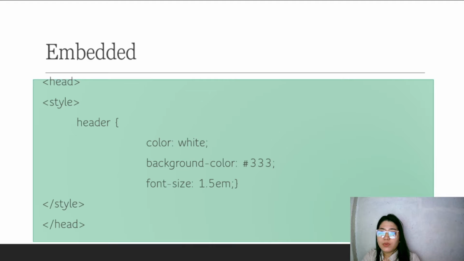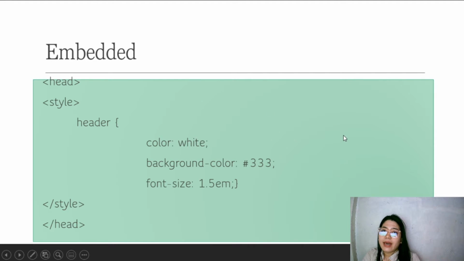So the styles will apply only to the elements targeted by the selector. In this instance, the style will apply to all header elements on the page where this style element appears. An embedded style sheet may be used if one single page has a unique style.